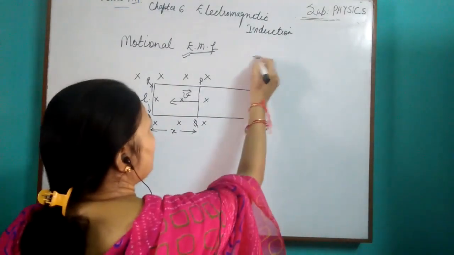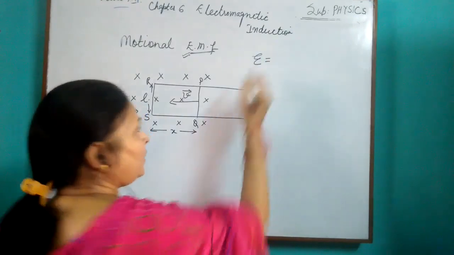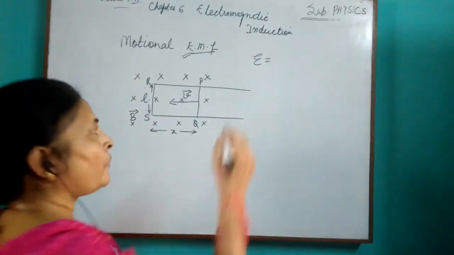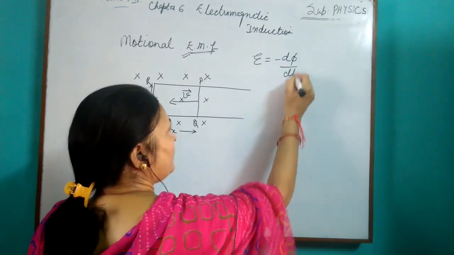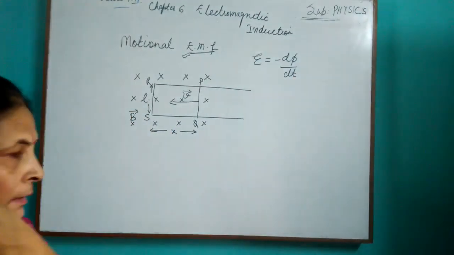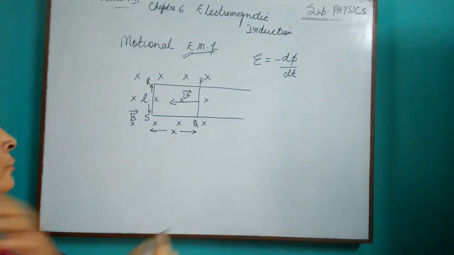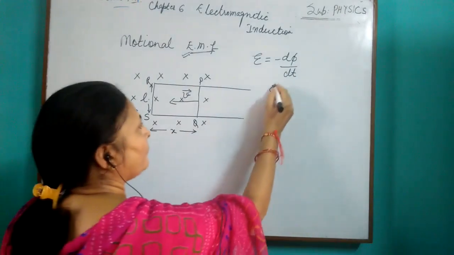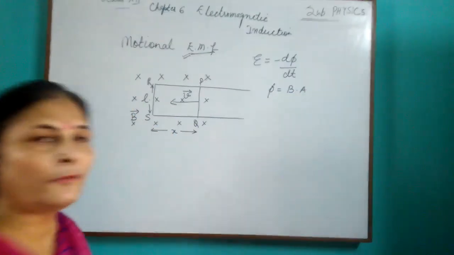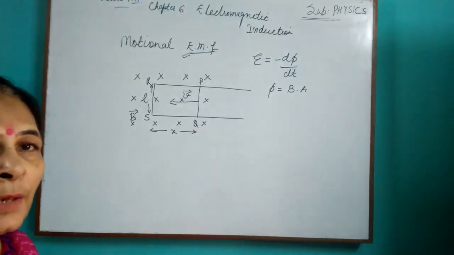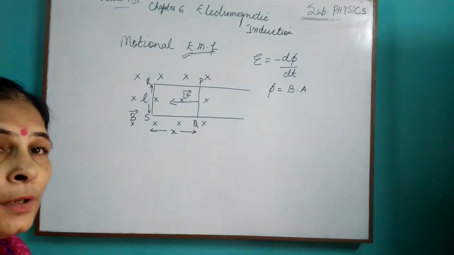See, the expression for finding the induced EMF which we have derived so far is minus d phi by dt, and phi, you know, is equal to BA, if the area vector and magnetic field vector are 90 degrees to each other.